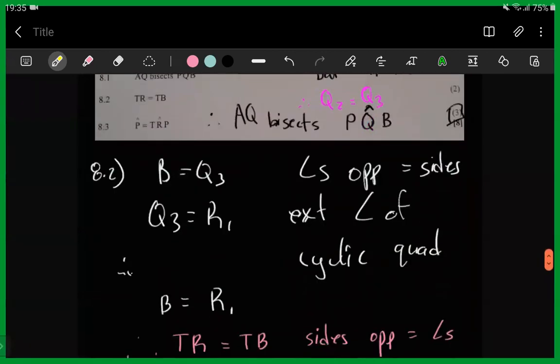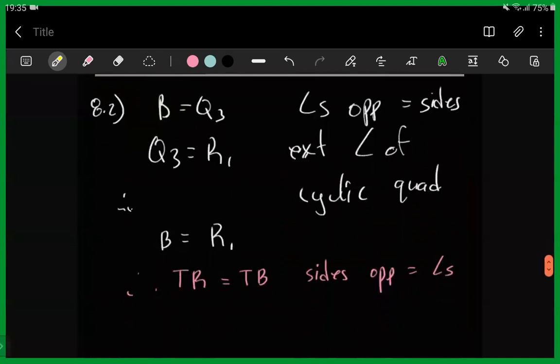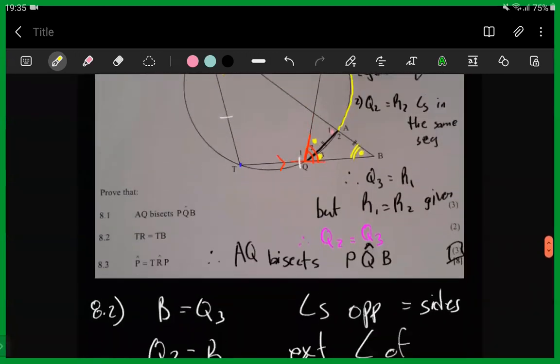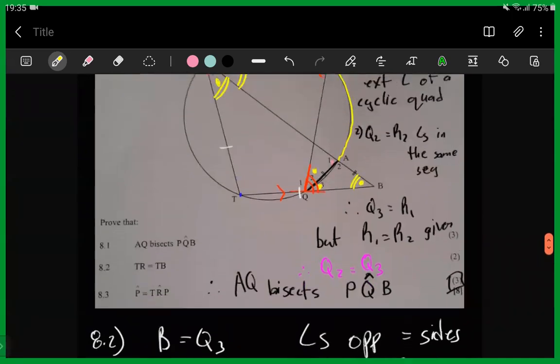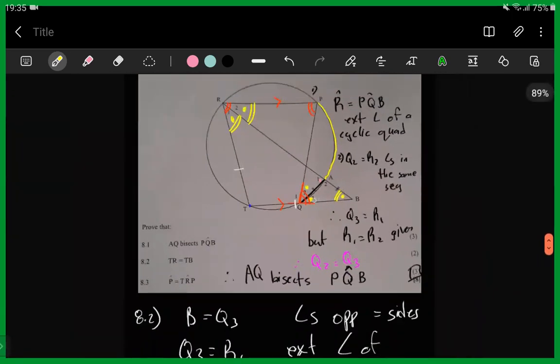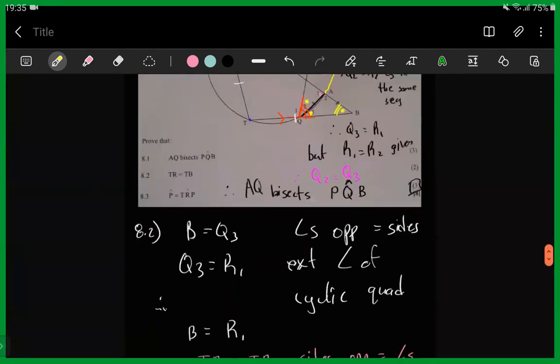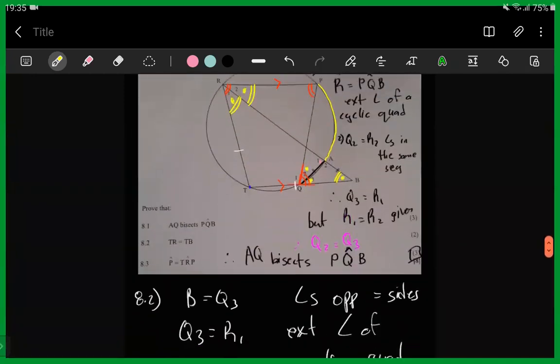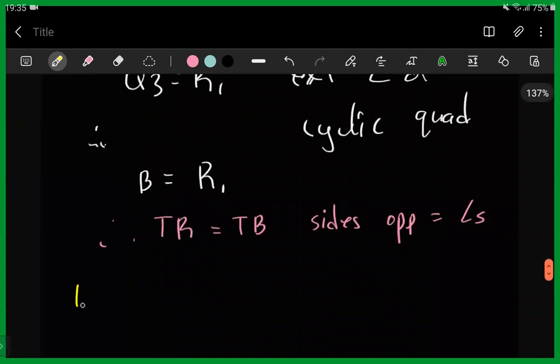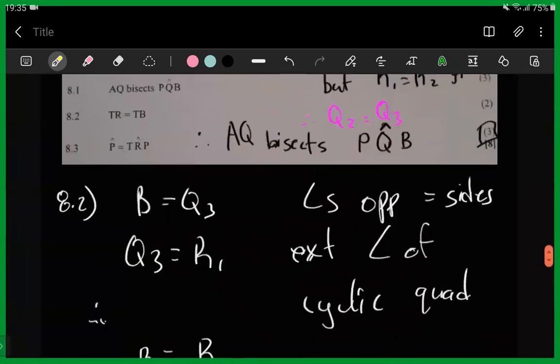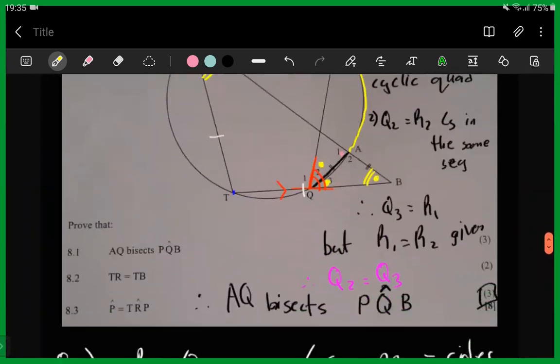Remember, everything that you do in your exam, everything on your answer sheet, all works together. You have already shown that B is equal to Q3, and that Q3 is equal to R1. You've already shown that all these angles are equal. So without overly complicating anything, all you need to do is lay down that information.